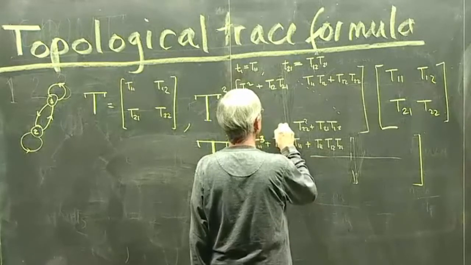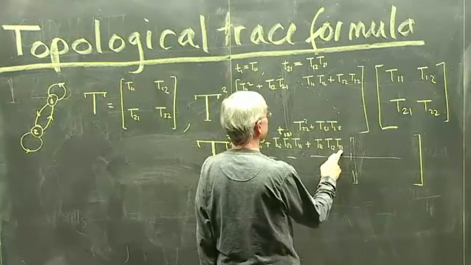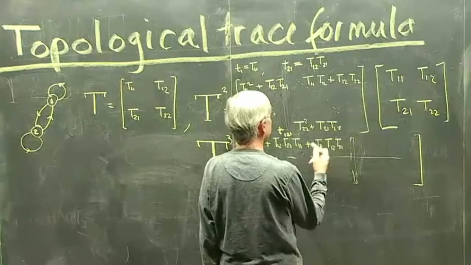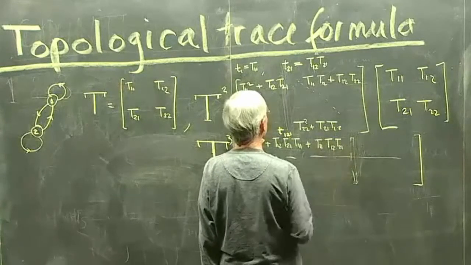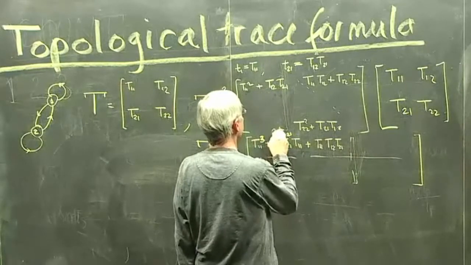So let me call this t121. And this is obviously the same story, just permuted cyclically, but it doesn't matter, it's a product of 3 numbers. So this will become 3 times.